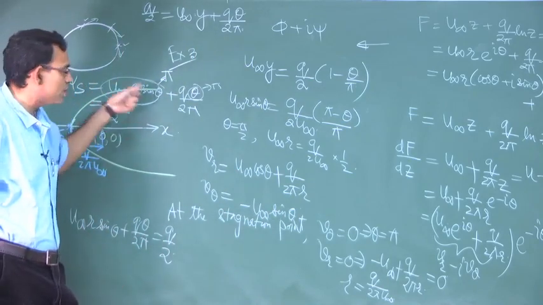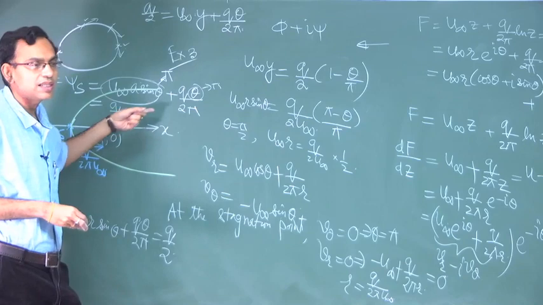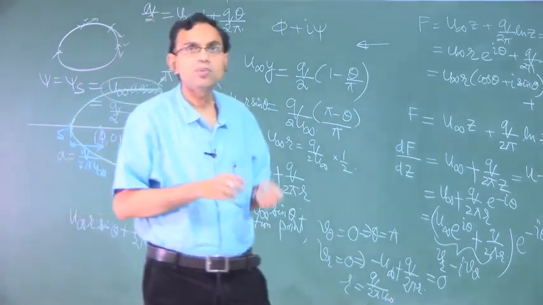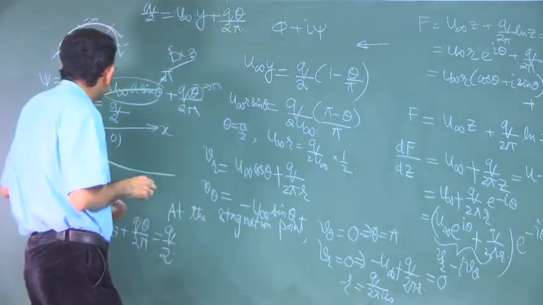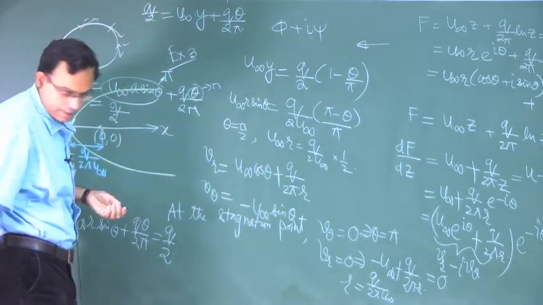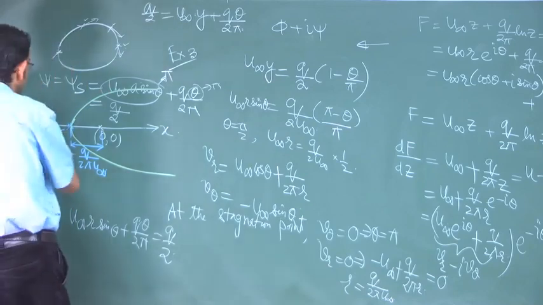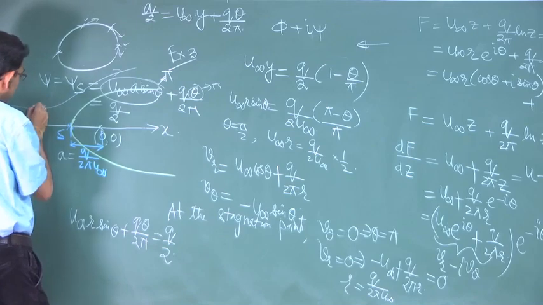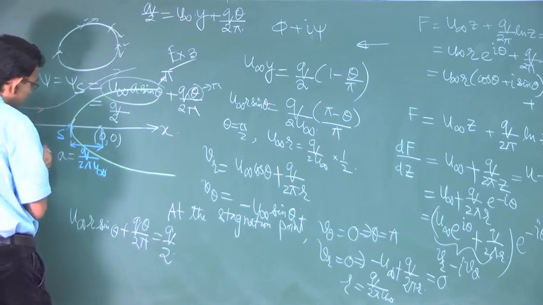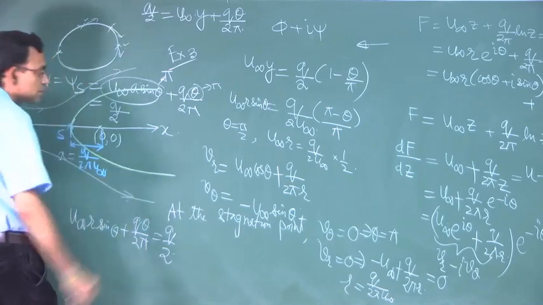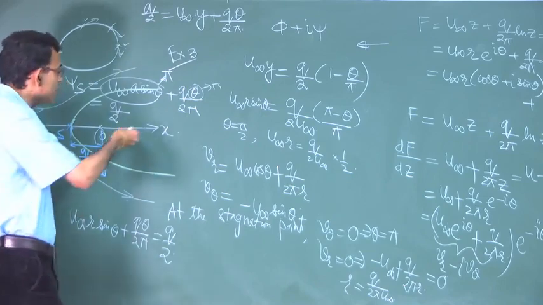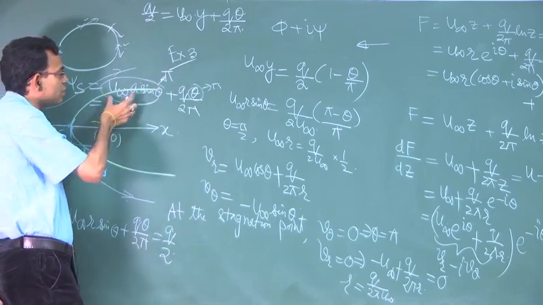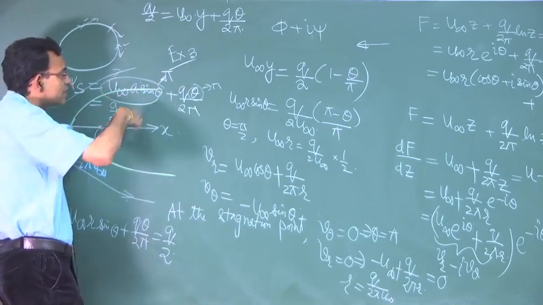This is a beautiful shape which is generated, this is called a half body or Rankine half body in potential flow theory. So, the streamlines will be something like this. There will also be inner streamlines, but this entire exercise is actually to mimic flow outside the body.